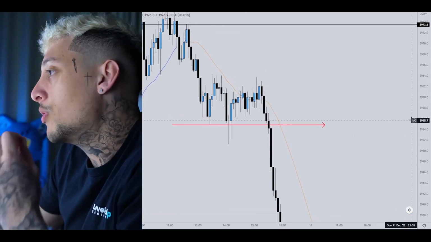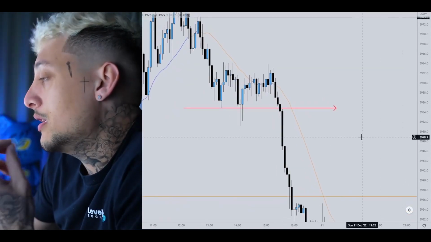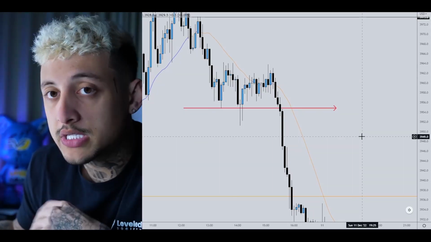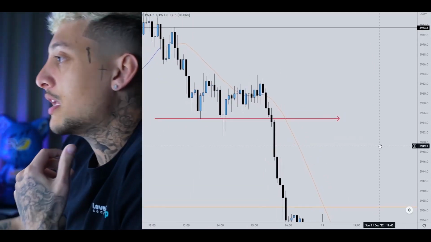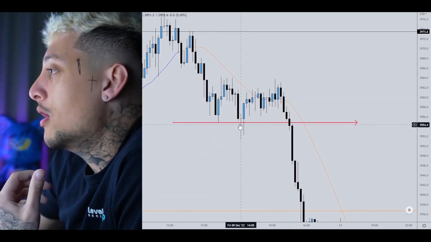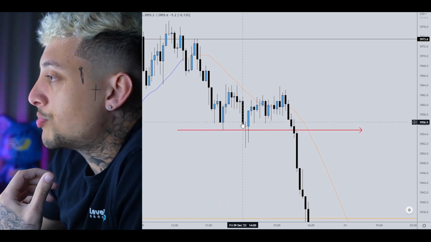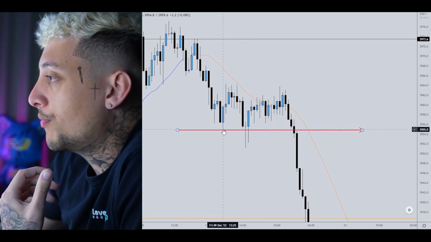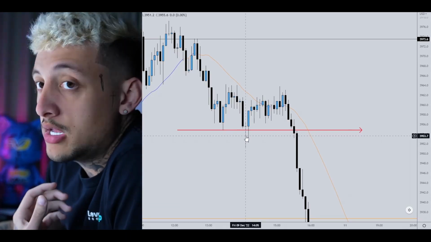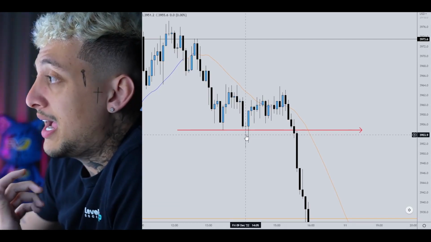So we're basically looking at one of two options, and I'll give you the positives and the negatives. Price came down and formed a low over here, and then attempted to go lower, which is when you would have potentially looked at taking an entry.